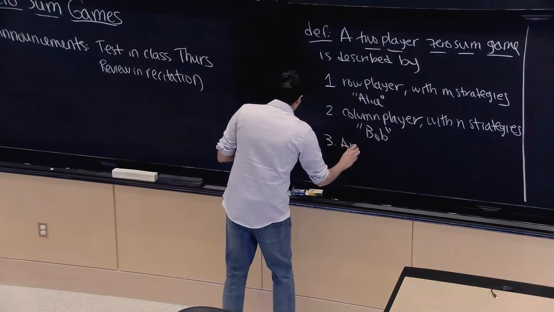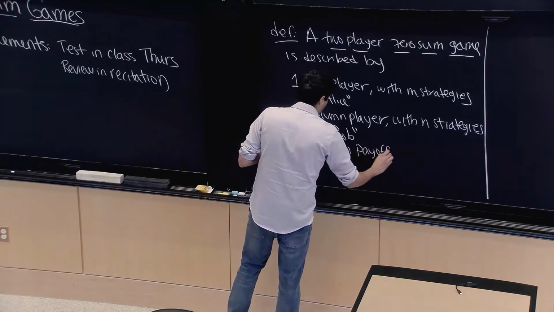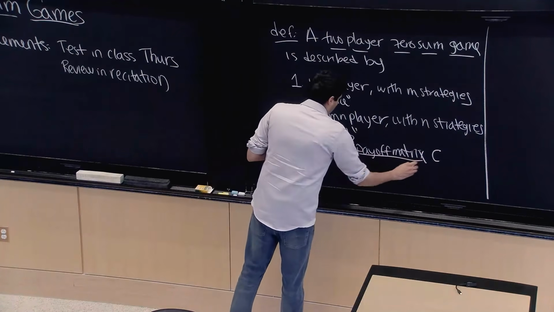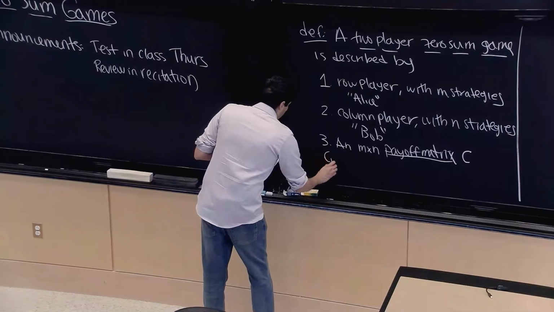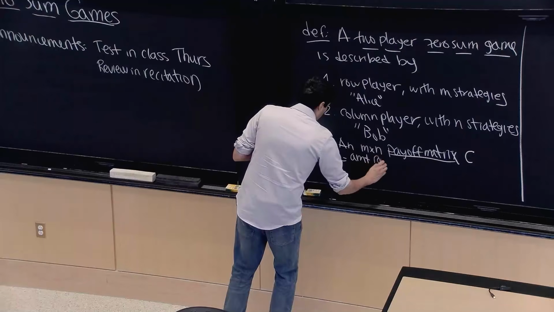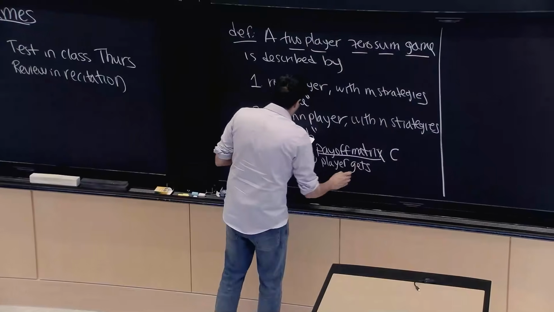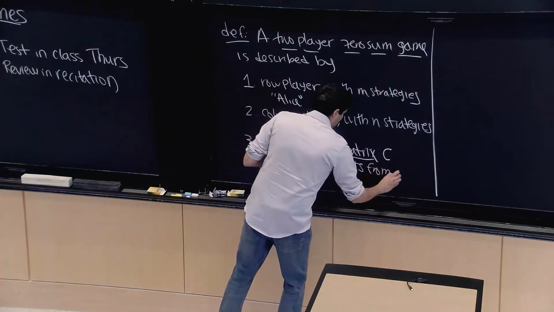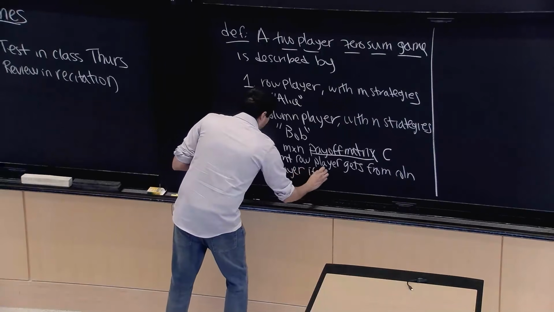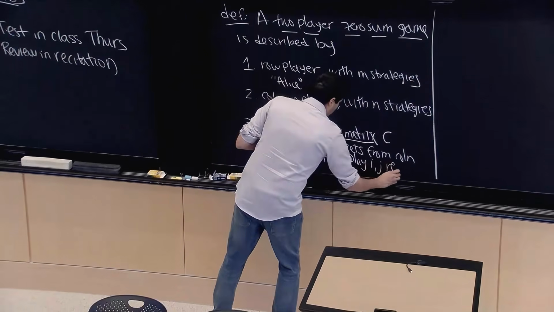So finally, we have an m by n matrix, which is called the payoff matrix. And we'll call this C. The way that this matrix C works is that the entry C_ij is the amount that the row player, i.e. Alice, gets in payment from the column player if they play i and j respectively.